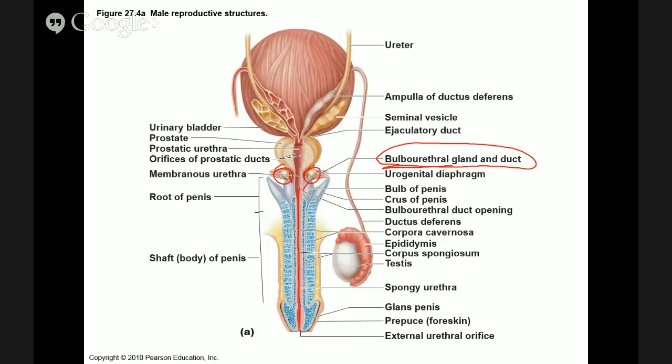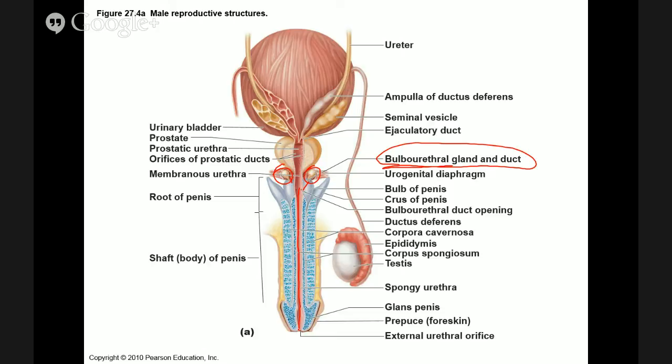The prostate gland secretes a milky, slightly acidic fluid that contains citrate. That's for the citric acid cycle, as we mentioned before, enzymes, a prostate-specific antigen, and it plays a role in sperm activation. So this gets the sperm active and tells them that it's time to start moving. We also have the bulbourethral glands.